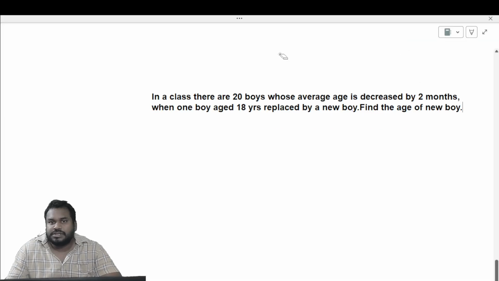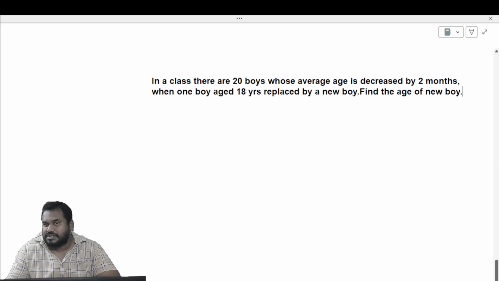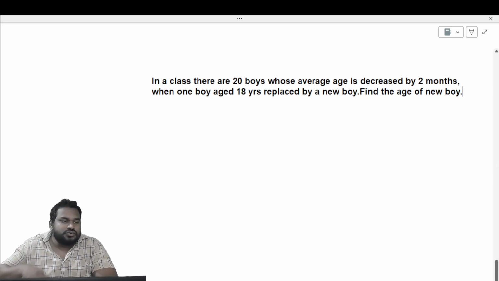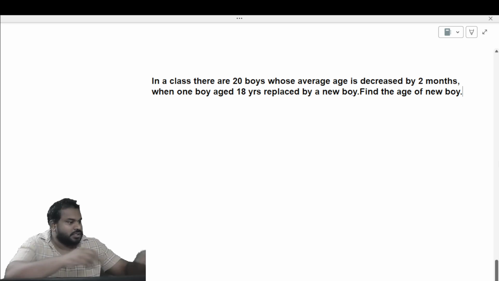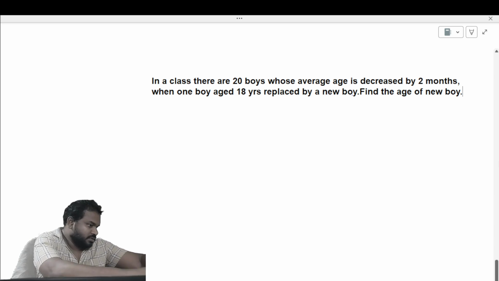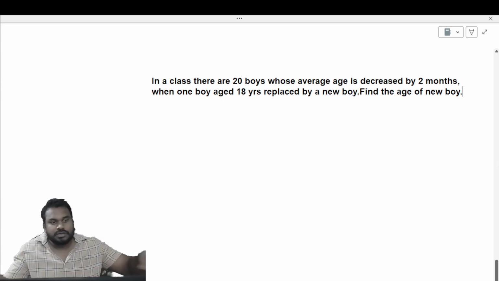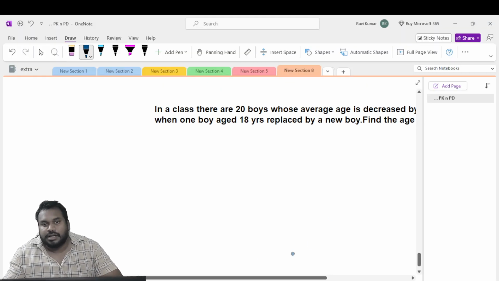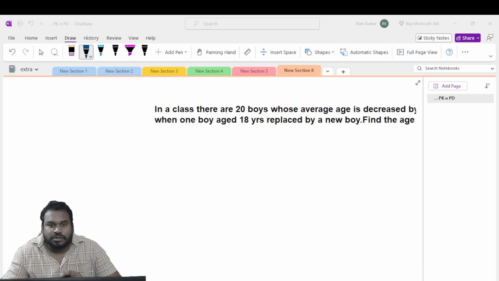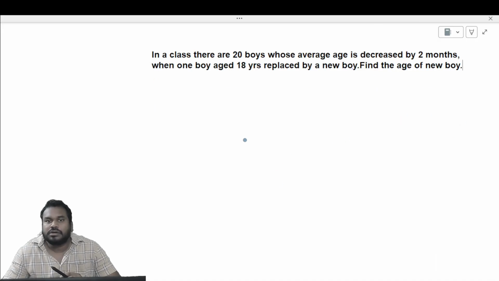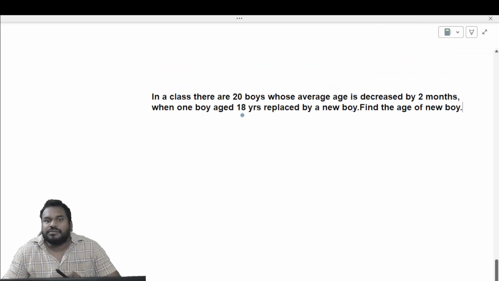See, in a class there are 20 boys whose average age is decreased by 2 months when one boy aged 18 years is replaced by a new boy.